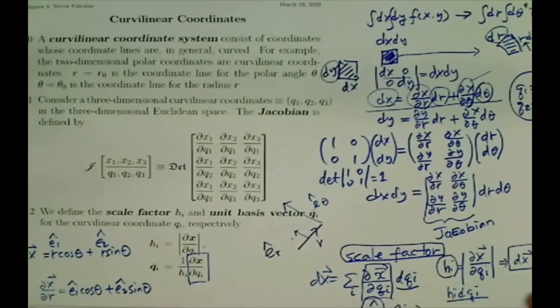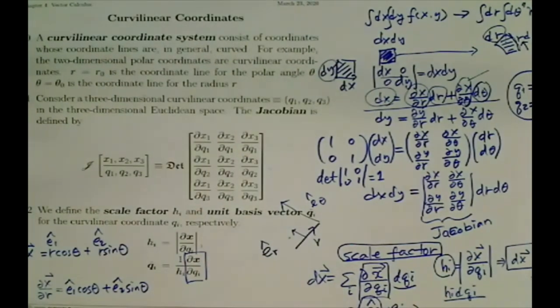Once you introduce curvilinear coordinates, you might want to compute integrals over space. In comparison with the case of Cartesian coordinates, you have scale factors. In the Cartesian coordinates, the x, y, z components all have the dimensions of length, so you don't have to worry about the scale factor.